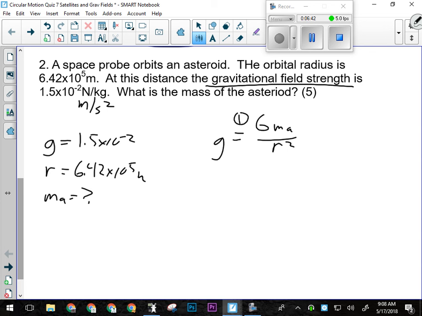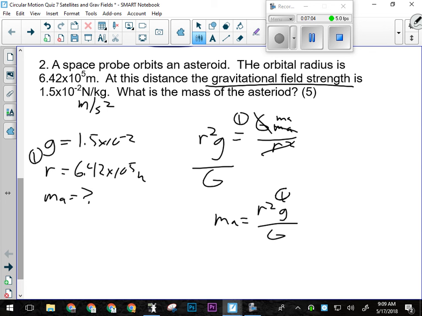You can give them a mark for that and a mark for their givens. We're going to manipulate for the mass of the asteroid, so that's going to mean bringing r squared over to this side and then dividing by big G. That'll leave us with the mass of the asteroid. So if they have mass of the asteroid equals r squared times little g divided by big G, give them a mark for that.